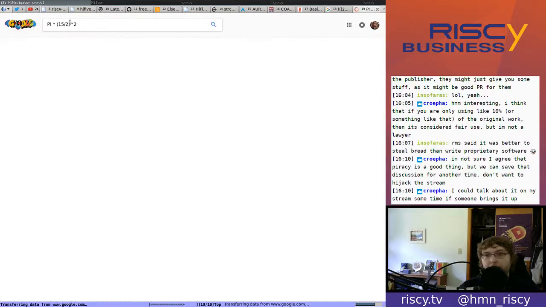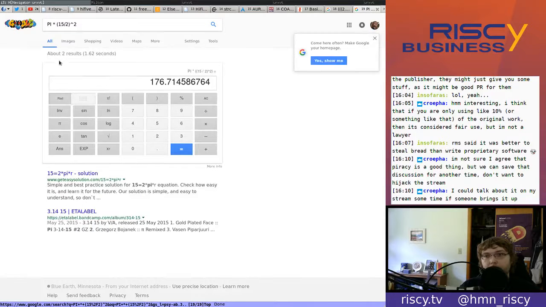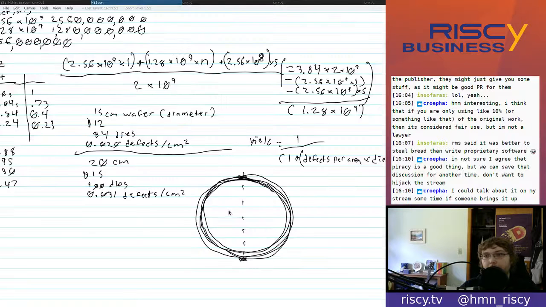Square that. Okay, so it apparently does do pi. It says it's 176.71 centimeters squared would be the area of the wafer.